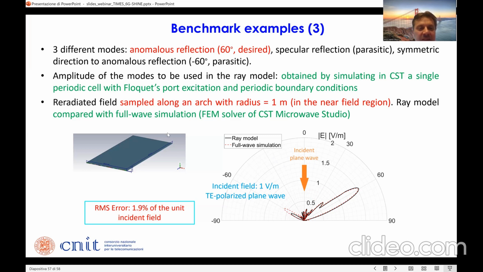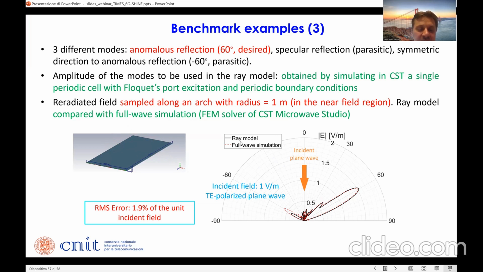In this case, the radiated field was sampled along an arc with radius 1 meter, so at a distance of 1 meter from the center of the surface. So we are clearly in the near field, very close to the surface.